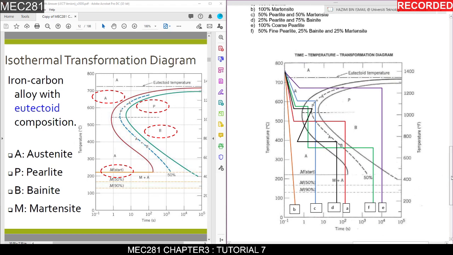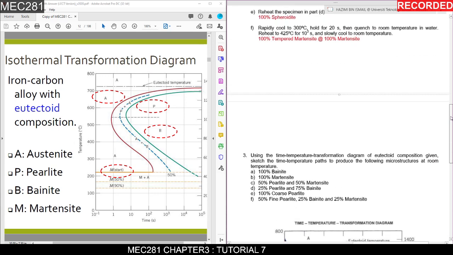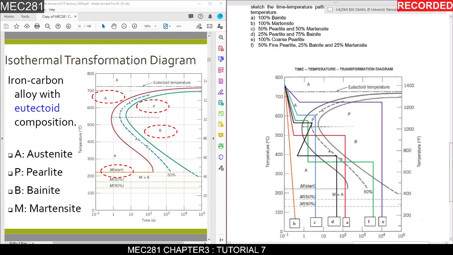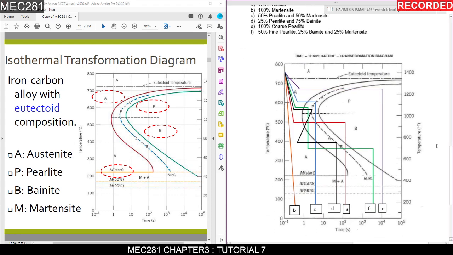I have mentioned many times before, there is no shortcut for material science. You have to do it on your own, to read, to memorize, to understand, and to do the exercises. So we have the tutorial for your exercise, and these are the answers for tutorial 7 to help you in learning chapter 3. Okay, so that's all for this video.